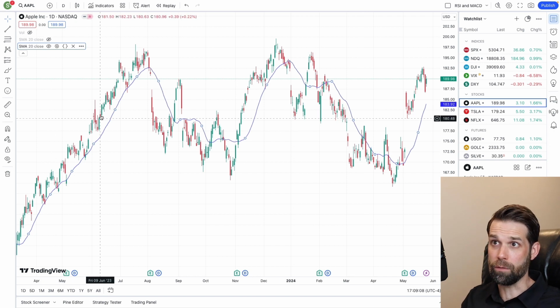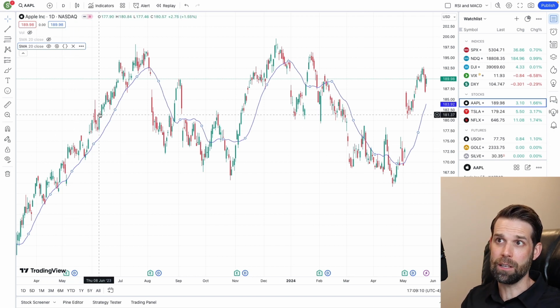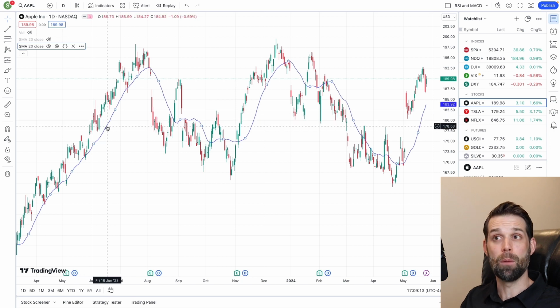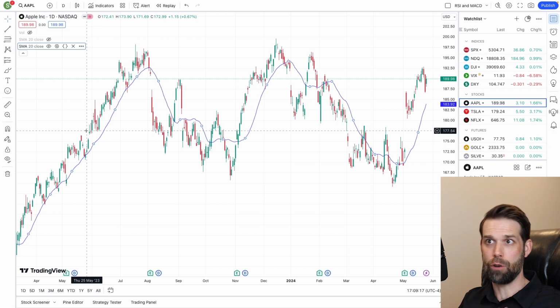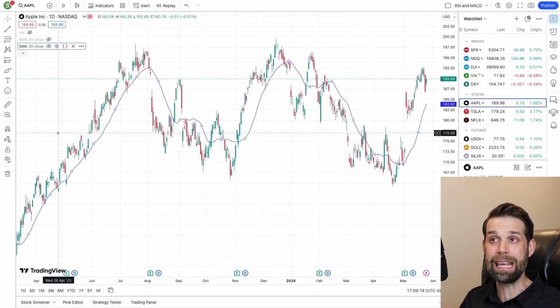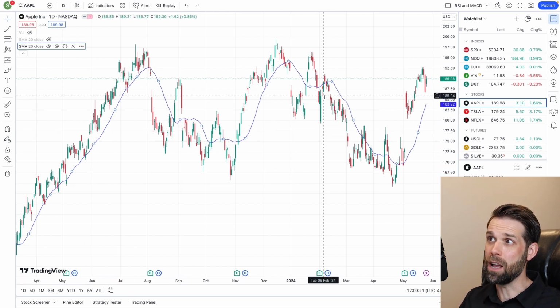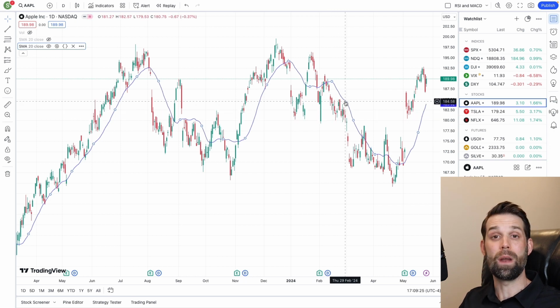If we look over here, we can see that all these prices are above the 20-day moving average, so that's going to indicate that you are in an uptrend. You can see here we're clearly in an uptrend, whereas here you can see some of these prices now are all below the 20-day average.